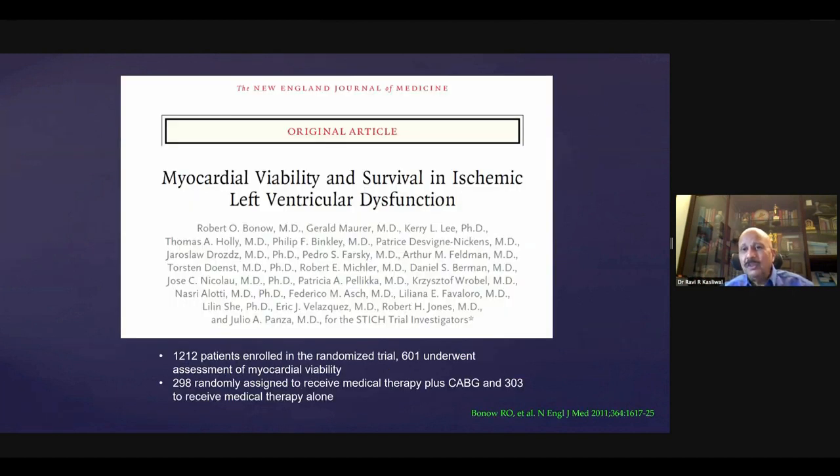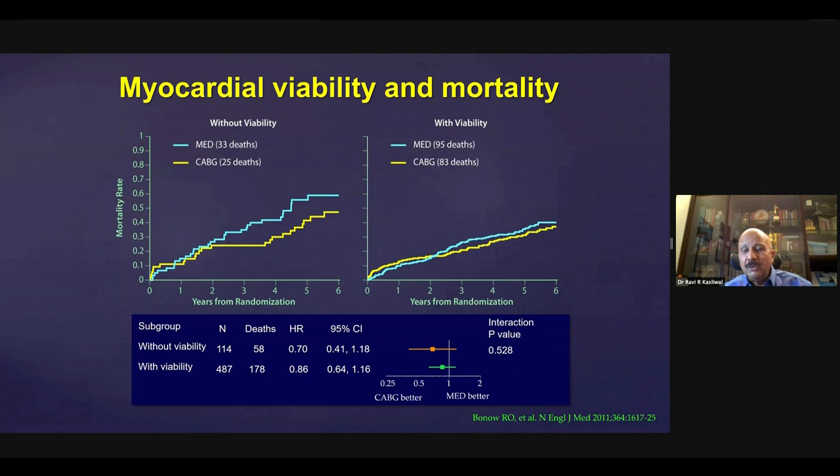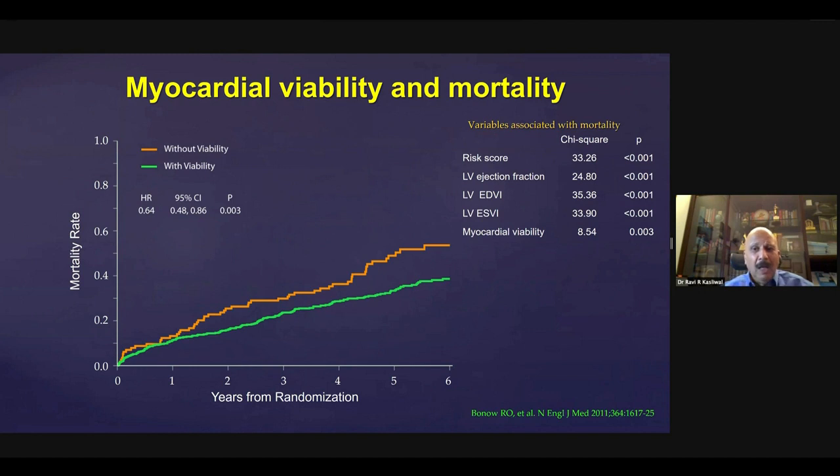You may say that, look, the STICH data on viability very clearly mentioned that there's hardly any use of doing it. But then the 10-year data, which was published just this year, says that if you do CABG with viability, the prognosis is actually better. And you can see this here. Again, in myocardial viability and mortality, you can see very clearly that those who had an intervention done after viability did better than those who had no viability and they went ahead with it.